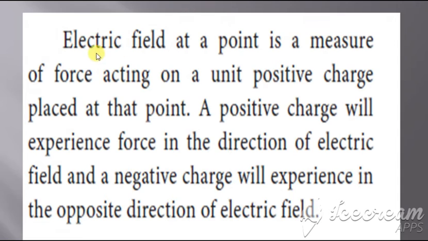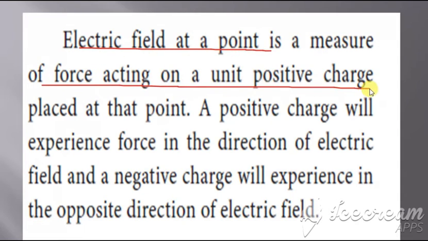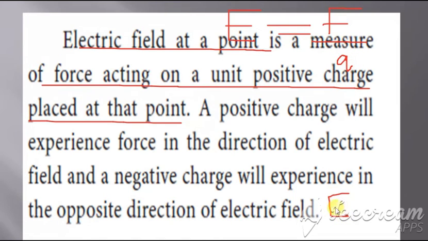Electric field at a point is a measure of the force on a unit positive charge placed at that point. So when you measure the value of electric field, it is given by force divided by q, that is E is equal to F by Q. This is the formula for the electric field.